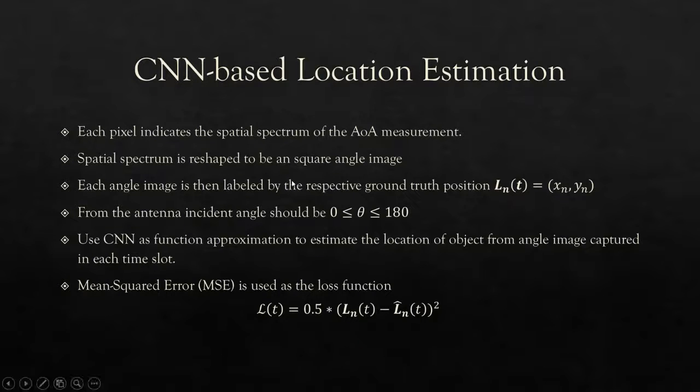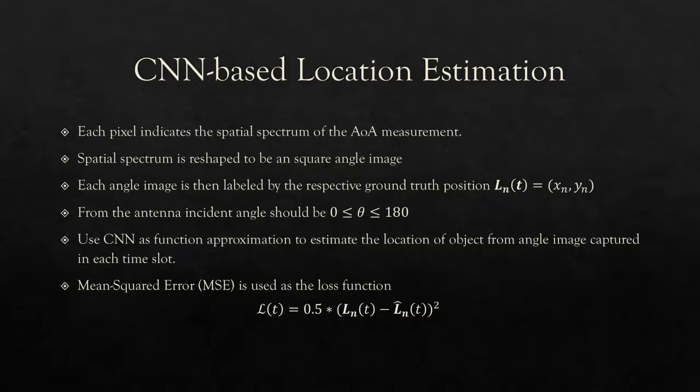For the CNN based location estimation, after we get the data from the previous phase, we will transform it so that each pixel indicates the spatial spectrum of the angle of arrival measurement.